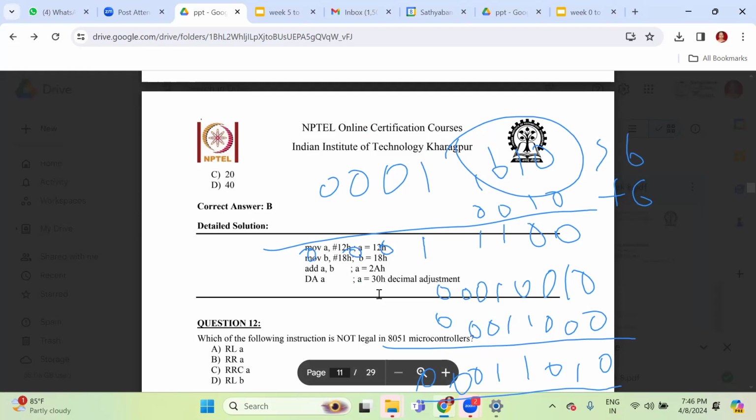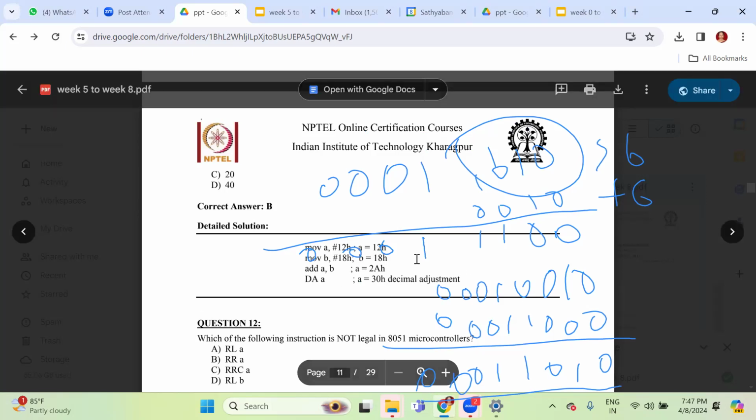Actually, it is 2A. Okay. 1010. Again, I have to add 6. If I add 6, again what will I get? 30. Okay, correct, 30 I will get. Here I am getting, again I have to add 0101.